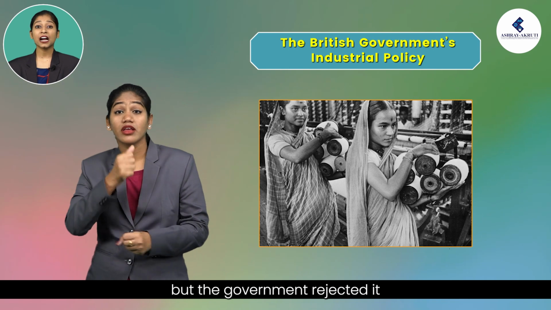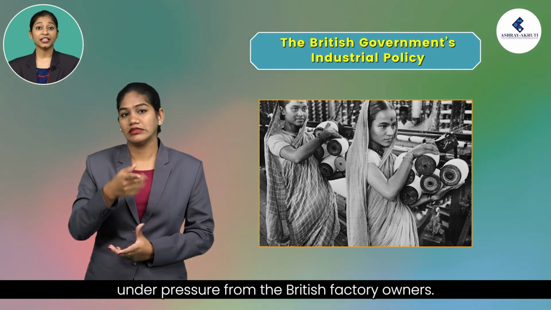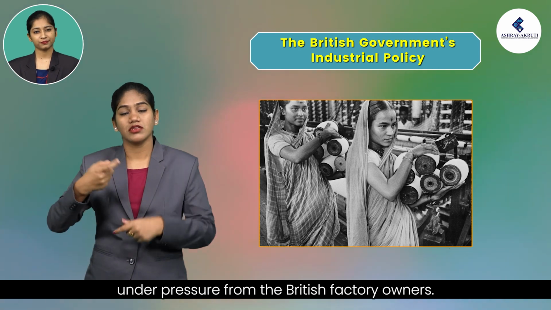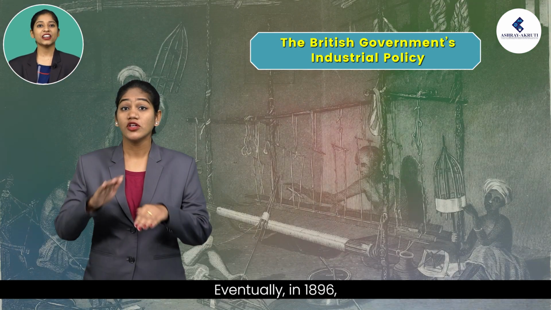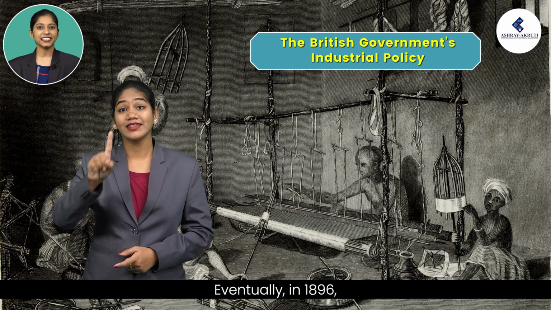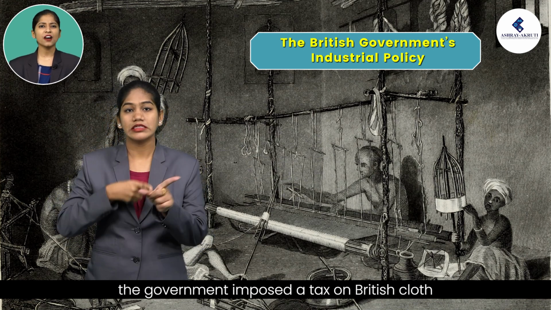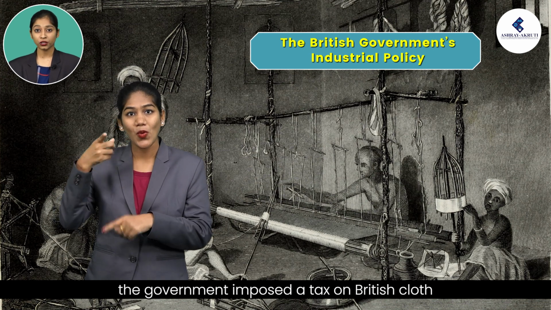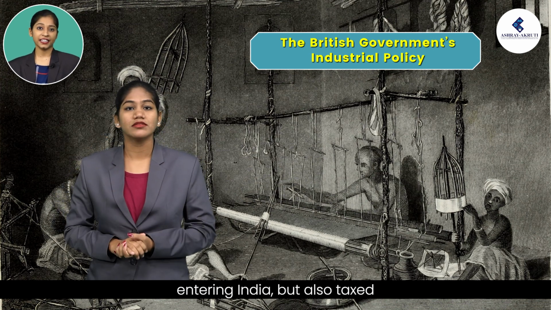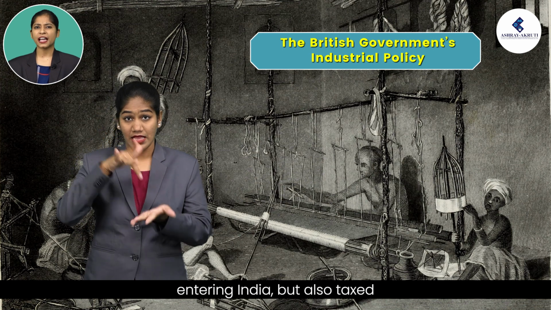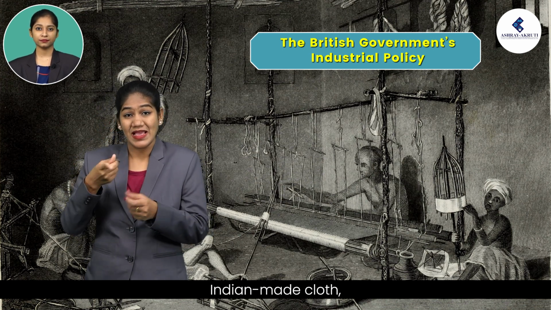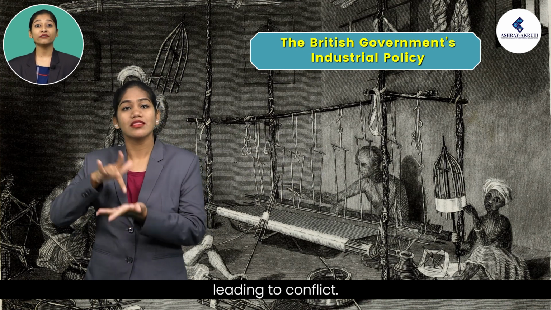But the government rejected it under pressure from the British factory owners. Eventually, in 1896, the government imposed a tax on British cloth entering India, but also taxed Indian-made cloth, leading to conflict.